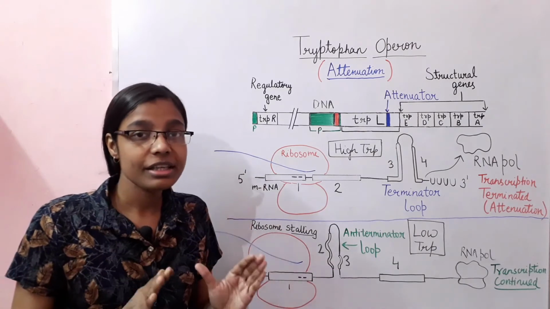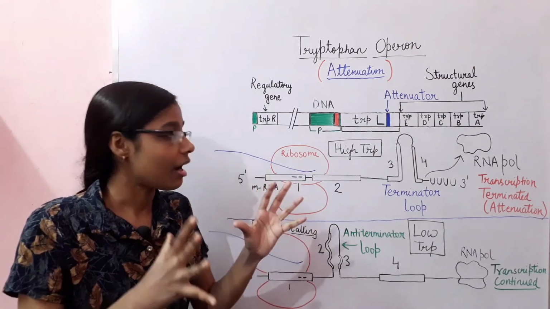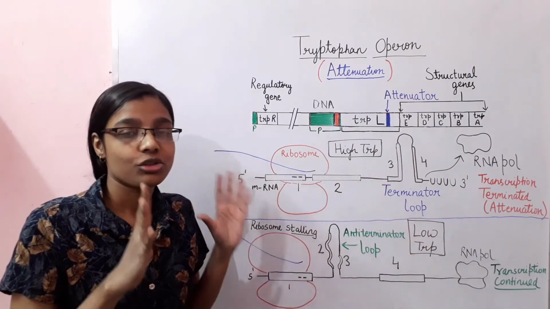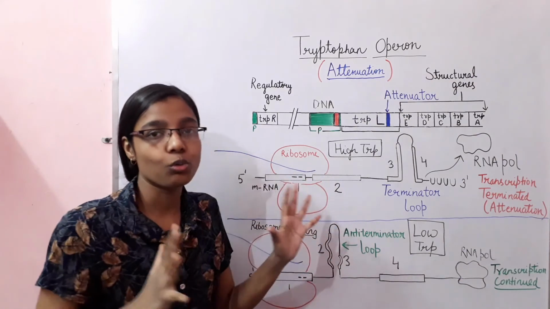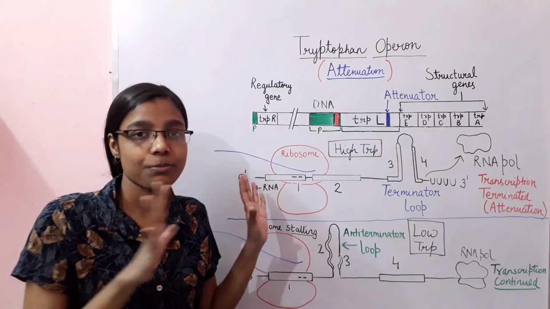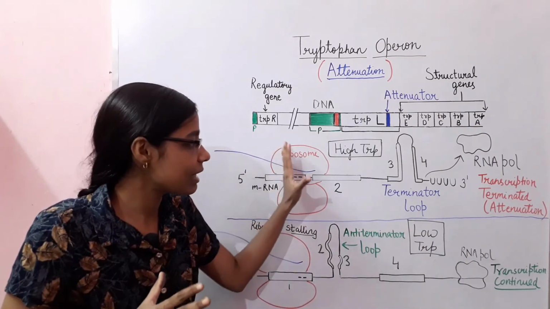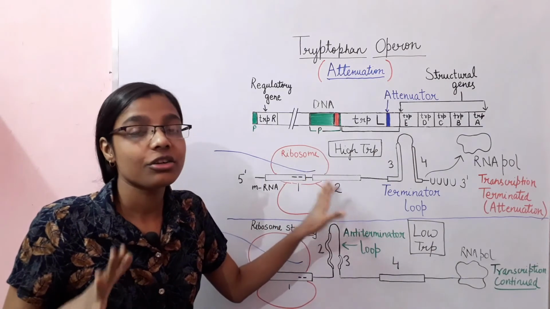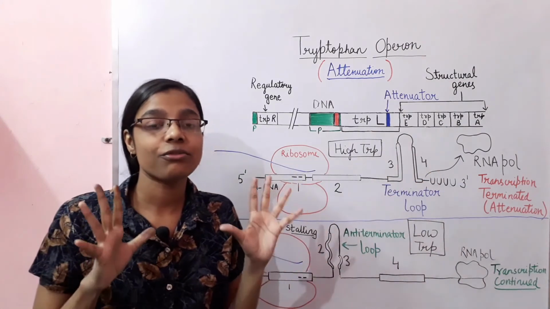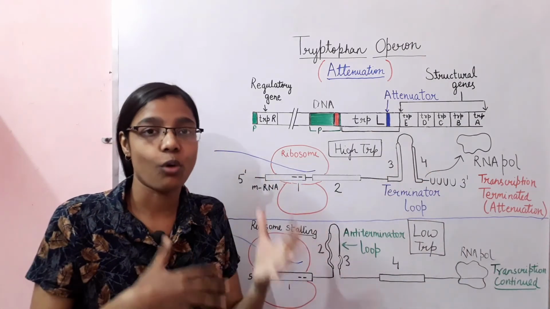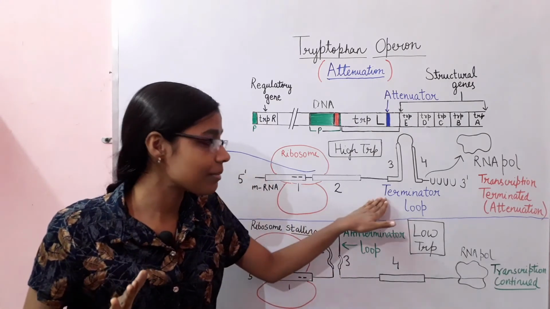So in this process, the charged tRNA will quickly come with the tryptophan, due to which the ribosome will move to region 2. So there is no pausing in this process. The ribosome will quickly take up that tryptophan and quickly cover region 2, due to which region 3 and region 4 of the mRNA get paired up and form a kind of terminator loop.